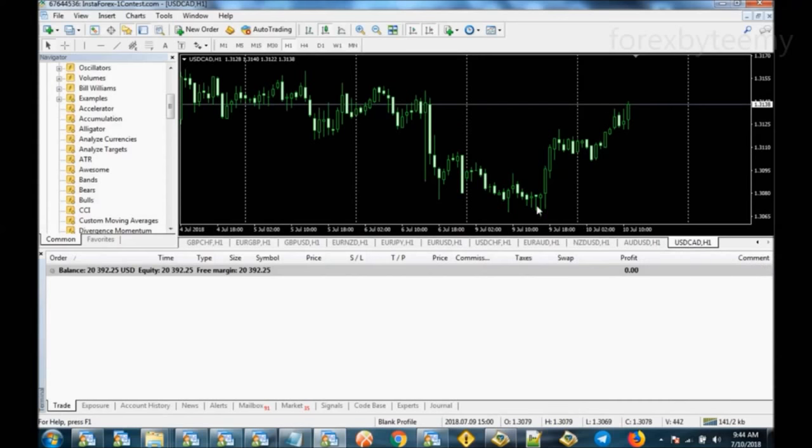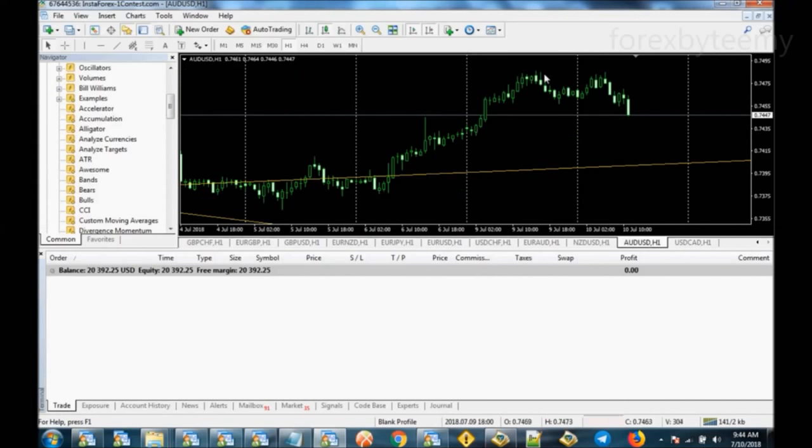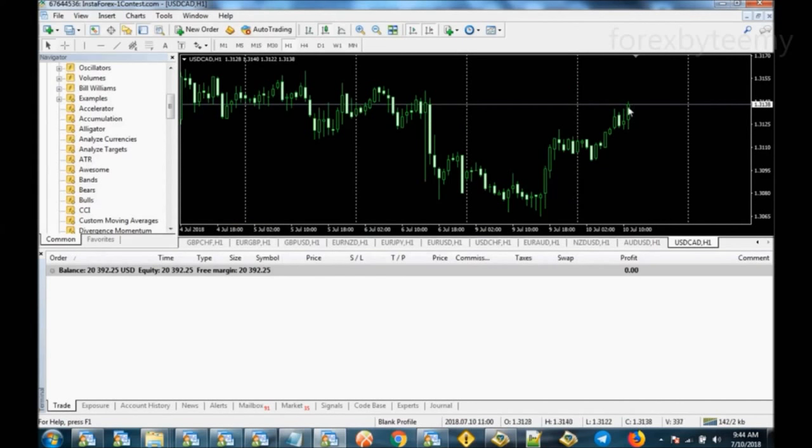This one's going up, and then this one's coming down. The correlation is, I guess, because of the gold association these three have: the CAD, the AUD, and the NZD.